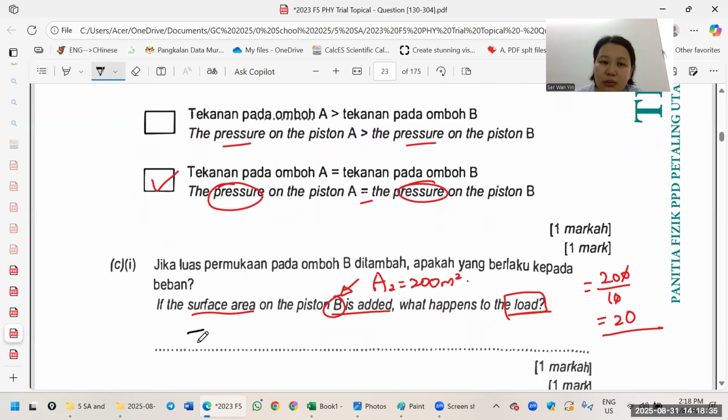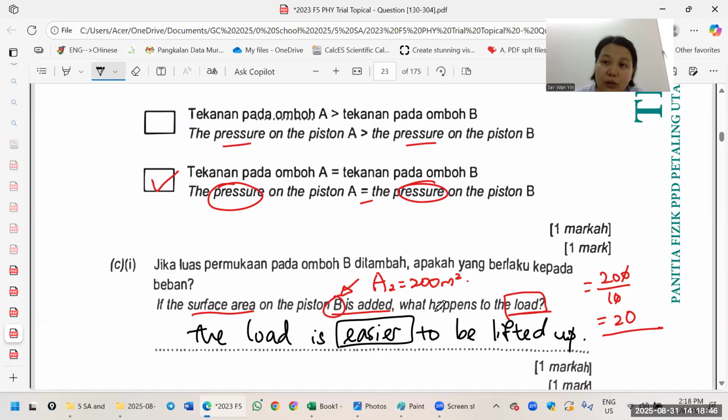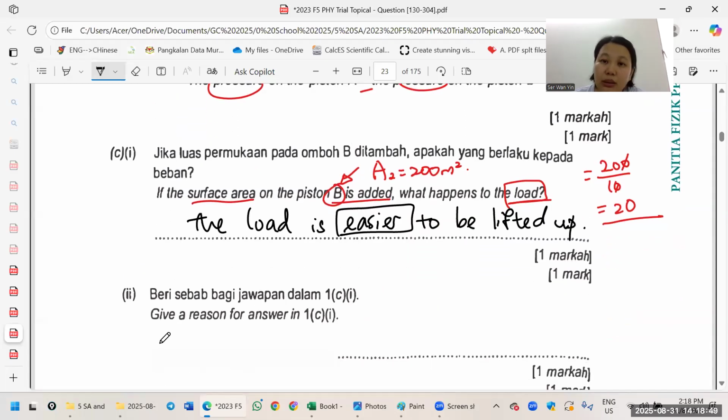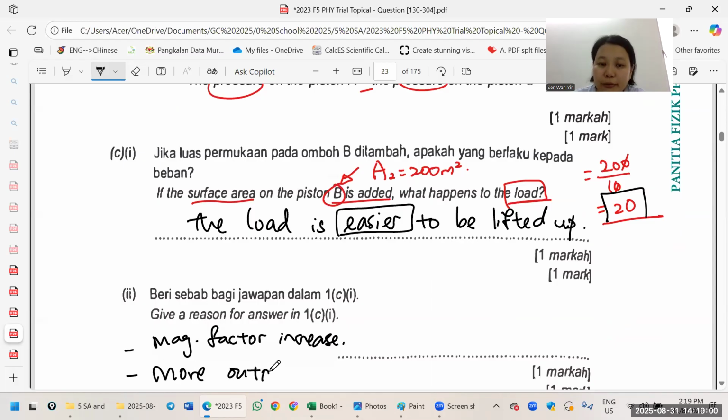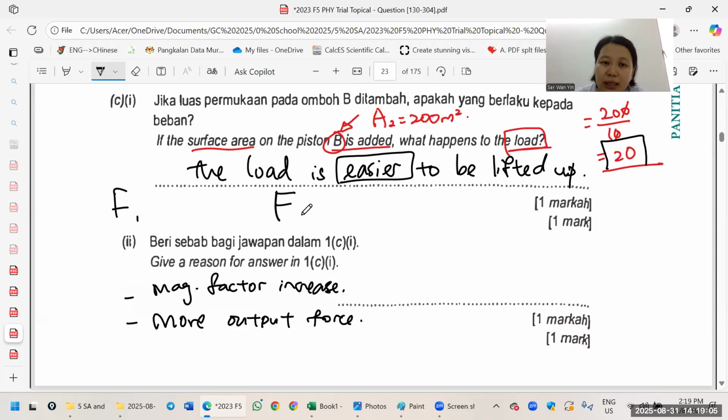We say the load is easier to be lifted up. Why? Because the magnifying factor increases, which means more output force. Up there we write F1, F2. Normally we say F1 is the input force, then F2 is the output force.